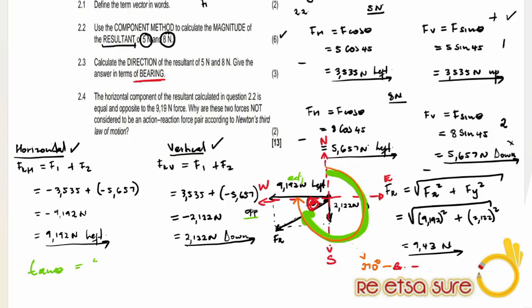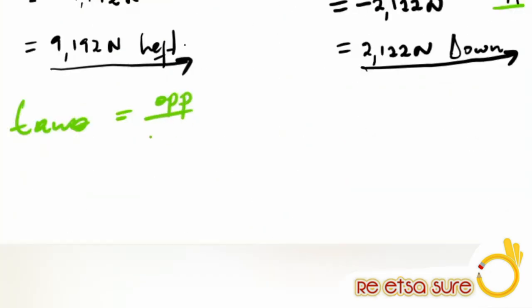Tan theta is equal to opposite over adjacent. What is our opposite side? Our opposite side is 2,122 all over the adjacent side, which is 9,192.